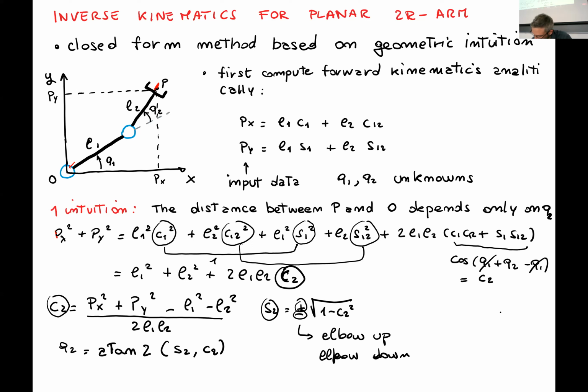Why? Because you can have, for example, a solution like this. This is the elbow down configuration, and a solution like this. And this is the elbow up configuration. And we see that in this case, this is Q2, the sine of Q2 is positive, while in this case Q2 is negative, so the sine of Q2 is negative.